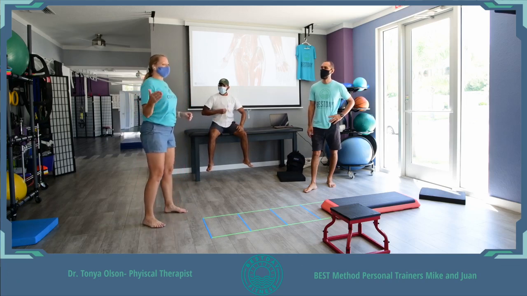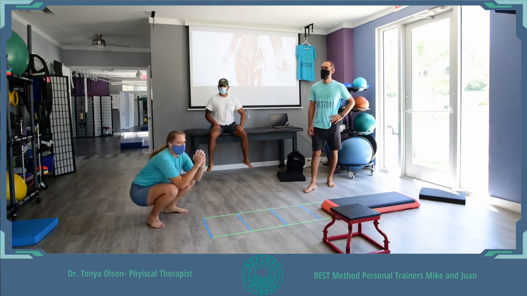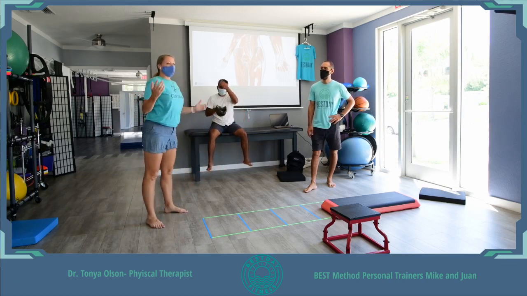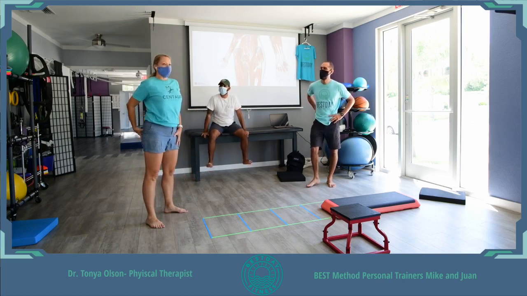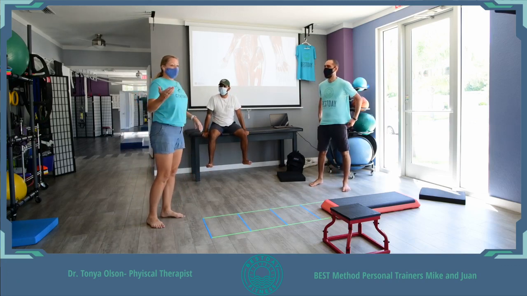If the ultimate goal is for the person to be able to manage more weight, then with the squat, if they turn off their glutes when they get here, they physically can't handle as much weight because the muscles have turned off. Now they have to re-engage them. And that's not functional, because most of the time people come in with decreased use of the glutes. So it's the same thing with the lunge.